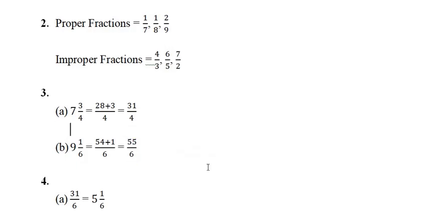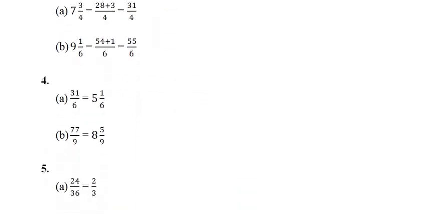Now question number 4. Here this improper fraction should be converted to a mixed fraction. So what you have to do is divide the numerator by the denominator. So 6 5s are 30, we know.